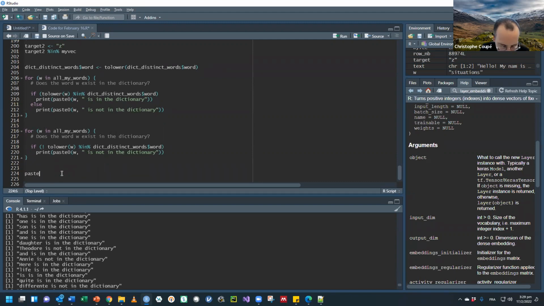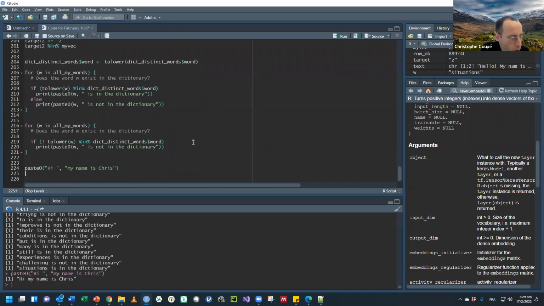So if I do something like this, hi, it will give me one string of characters only, composed of the two strings.